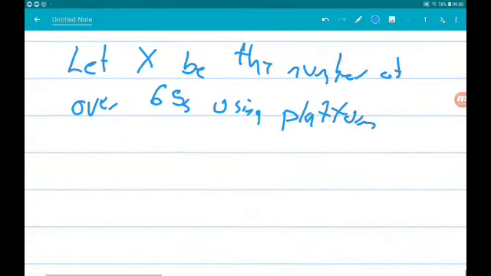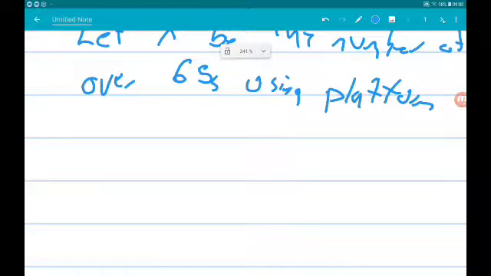So H naught, our null hypothesis, is always the one where the probability is set equal to something. So here we're going to have P is equal to 62%, which is 0.62.